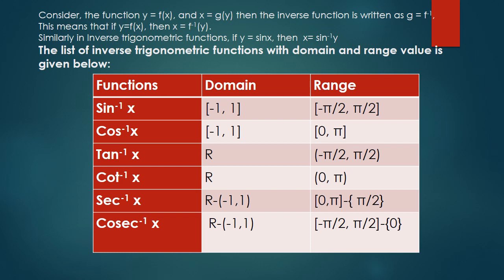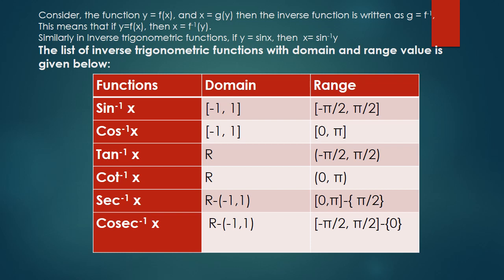Cos inverse x domain is -1 to 1 included, so its range is 0 to pi in closed interval. Tan inverse x domain is all real numbers, so its range is from minus pi by 2 to pi by 2 in open interval.